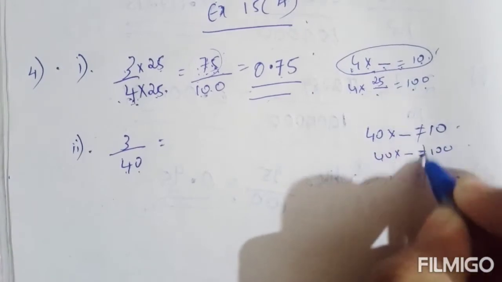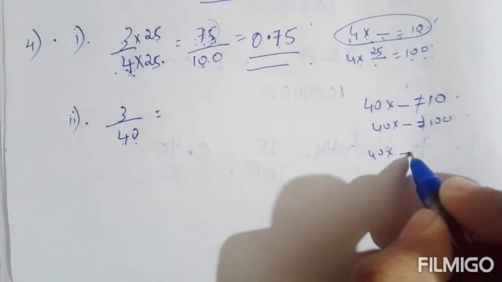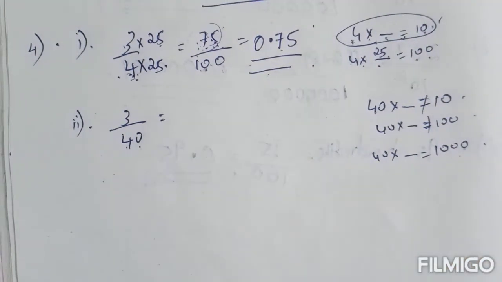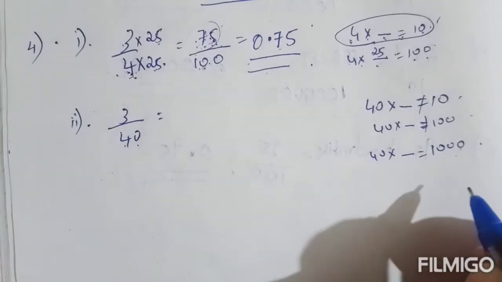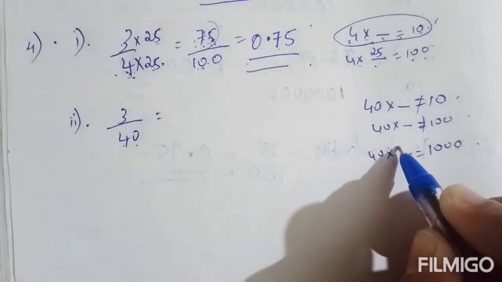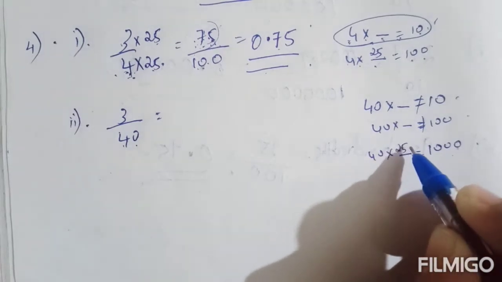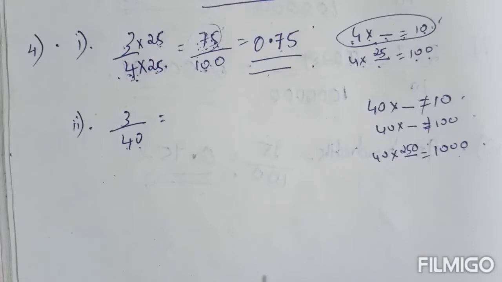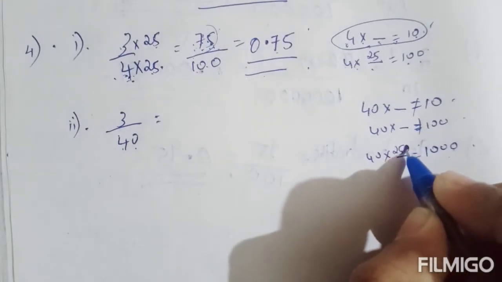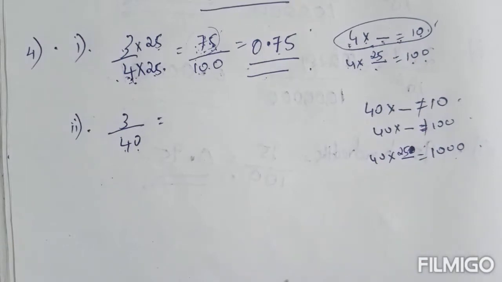Then 40 into what number will you get 1000? Next check that. So we know that 40 into 25, we will get 1000.